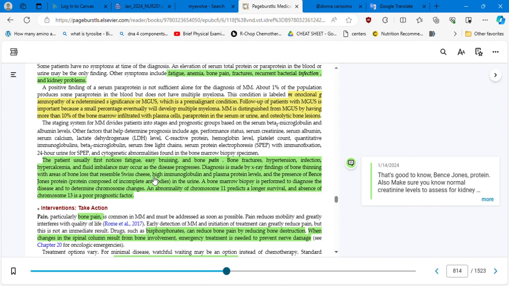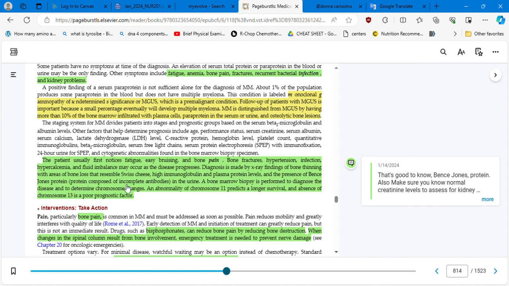If you get a chance to see these X-rays, there is no better description than a Swiss cheese, and you are going to notice definitely this is multiple myeloma. High immunoglobulin and plasma protein levels, and the presence of Bence-Jones protein.